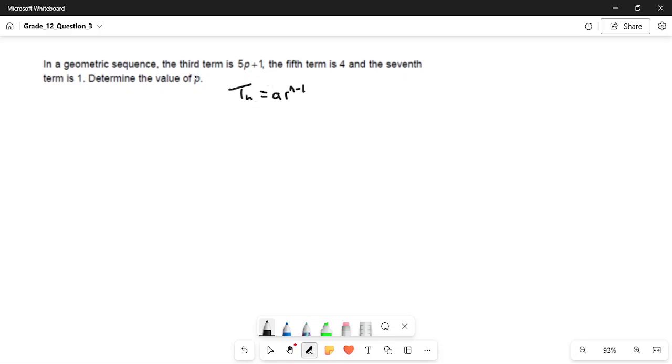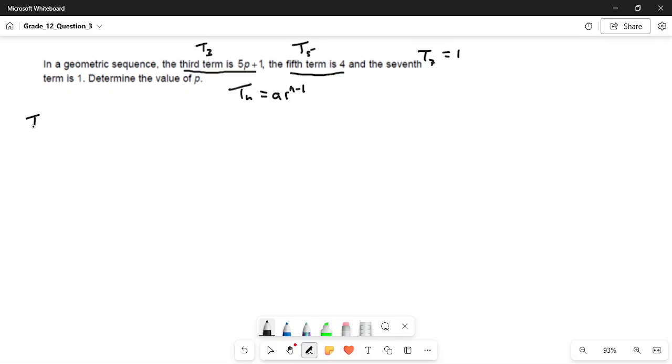right? And then for each of these given terms, we'll substitute them into our nth term. So we've got our t sub 3, and then t sub 5, and then our t sub 7, we've got the value 1. So I'll create 3 equations with the given information.